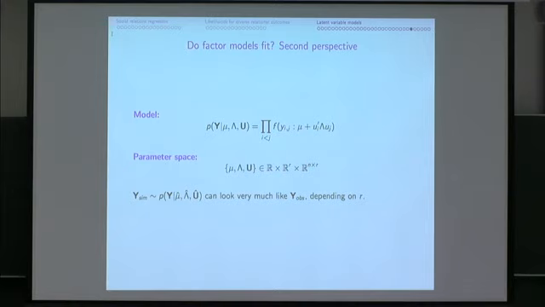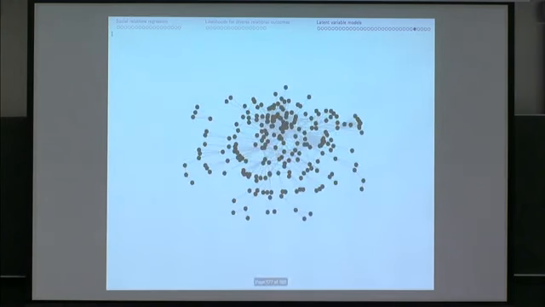There's been some discussion of whether or not latent variable models actually are good at representing these graphs. In fact, you can make a posterior predictive look very close to the observed data depending on how many latent factors you take. So here's the protein-protein interaction data.